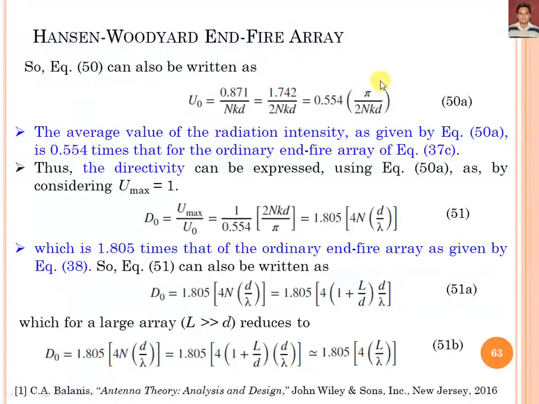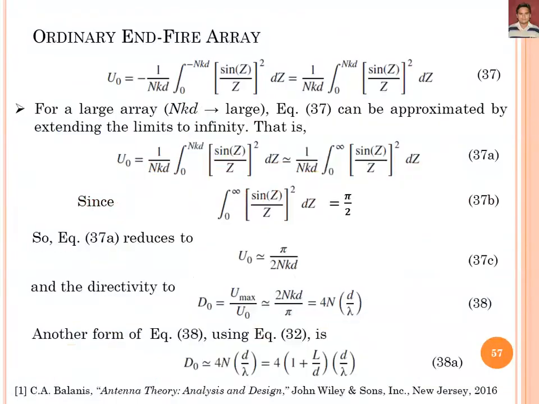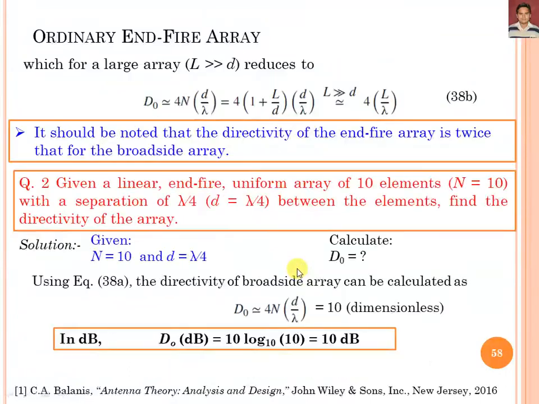As you can see, here is the multiplication factor 0.554. So we can say the radiation intensity of the Hanson-Woodyard endfire is 0.554 times that of the ordinary endfire, as we have discussed in the ordinary endfire array analysis. As you can see here, U naught equals pi upon 2 nkd.